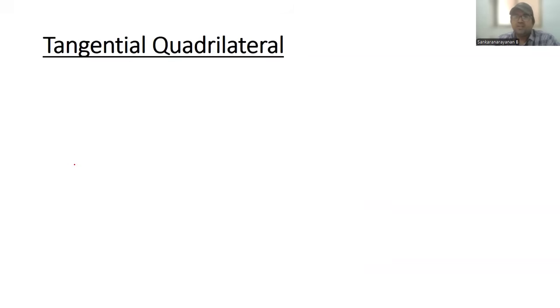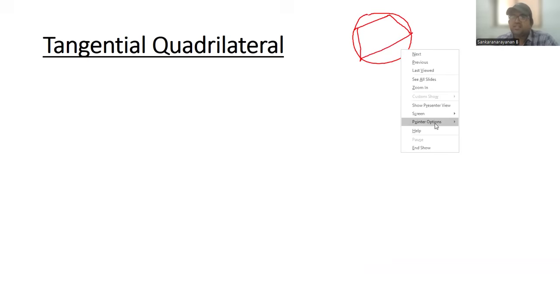Now, let's conclude this video module by talking about tangential quadrilateral. As far as cyclic quadrilateral is concerned, there is a circle, and inside the circle you saw a quadrilateral inscribed inside a circle.